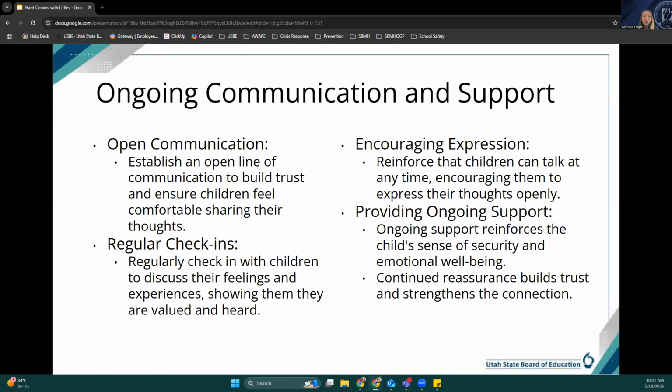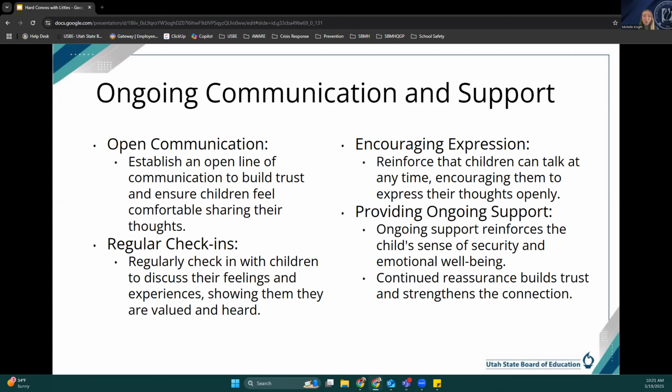And lastly, we always want to make sure that we are establishing open communication with regular check-ins to show children they are valued and heard, while encouraging expression helps them feel safe to talk about anything. We want to provide support and ongoing reassurance to reinforce their sense of security and strengthen that emotional bond.